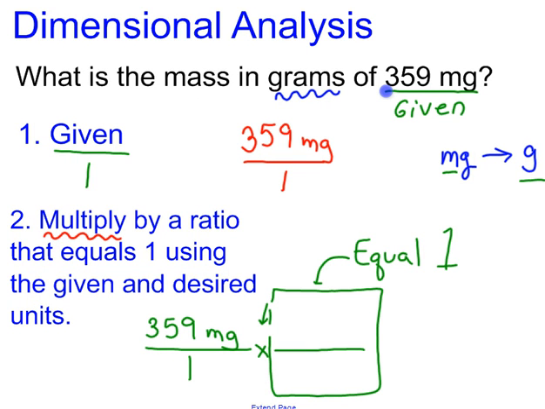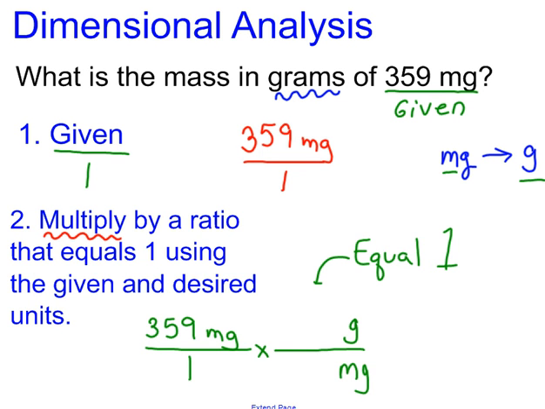Okay, then what we want to do, take some of that clutter away, we're going to put the units in the bottom that we want to cancel, milligrams. That's where we're beginning. And what we want to end up with, what goes in the numerator, will be the units where we're heading. In this case, we're heading to grams.